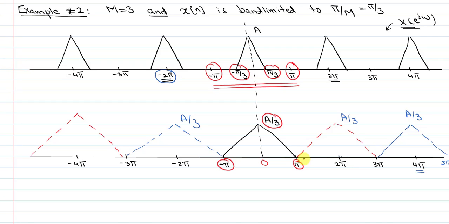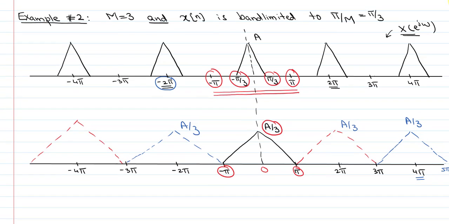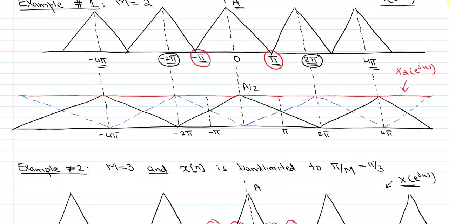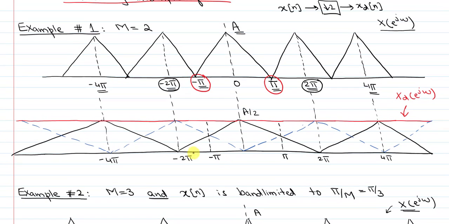But when you copy that to 2 pi, you will get an overlap, and that's where you will get aliasing. So if we were to go back to what we saw earlier, we could have done the same thing. We just stretch it by minus 2 pi to 2 pi. Then we copy that whole thing to 2 pi, and since there is aliasing, we add that up.